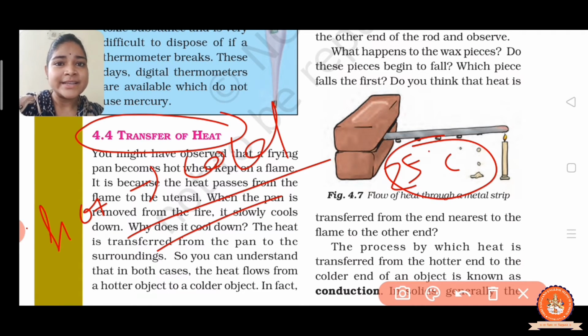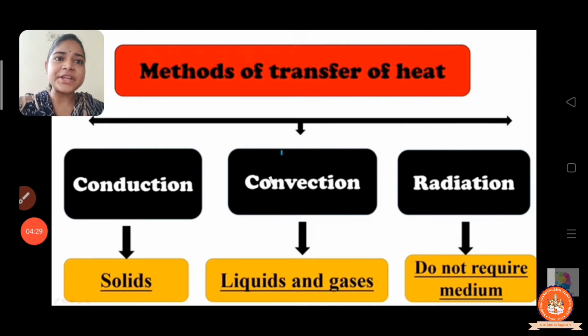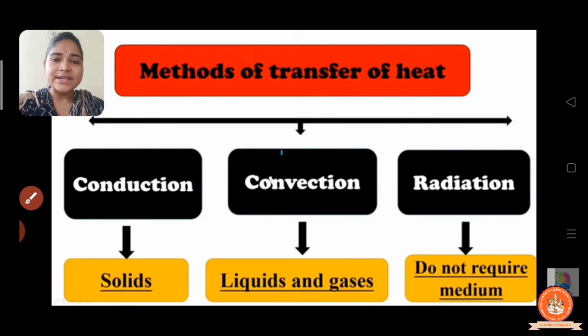Right? So there are mainly three types of transfer of heat. Let us see them one by one. There are three methods of transfer of heat. The first one is the conduction method, the second one is the convection method, and the third one is the radiation method. Generally, in solids the heat is transferred by the conduction method.